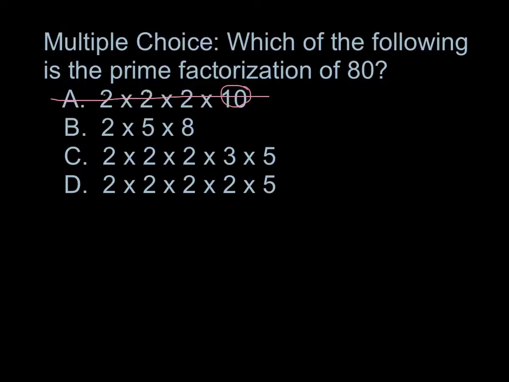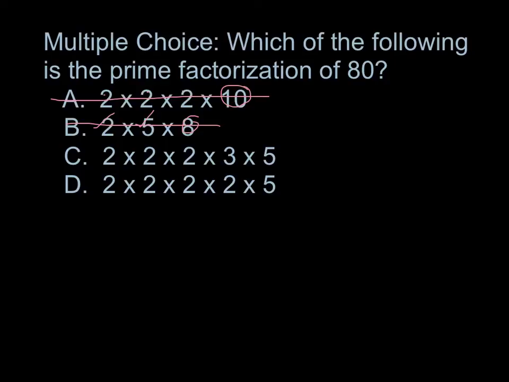Let's look at B. B is 2 times 5 times 8. Well, 2 is prime, 5 is prime, 8. Is 8 prime? Well, 8 can also be written as 4 times 2, so 8 is not prime, so we can actually cross that out. Already we've eliminated half the choices.